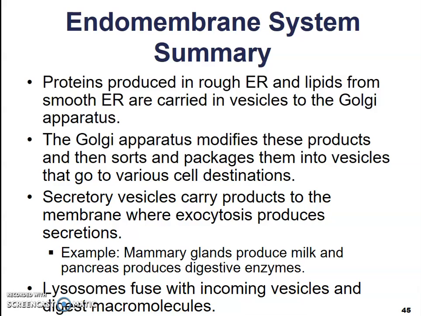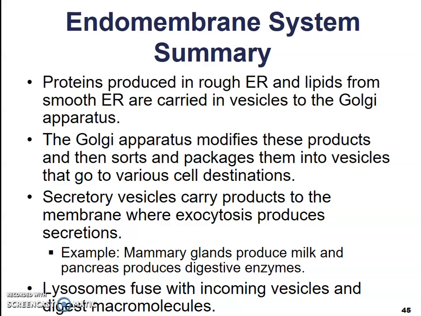So here is a summary of the endomembrane system. Proteins produced in the rough ER and lipids from the smooth ER are carried in vesicles to the Golgi apparatus. The Golgi apparatus modifies these products and then sorts and packages them into vesicles that go to various cell destinations. Secretory vesicles carry products to the membrane where exocytosis produces secretions.